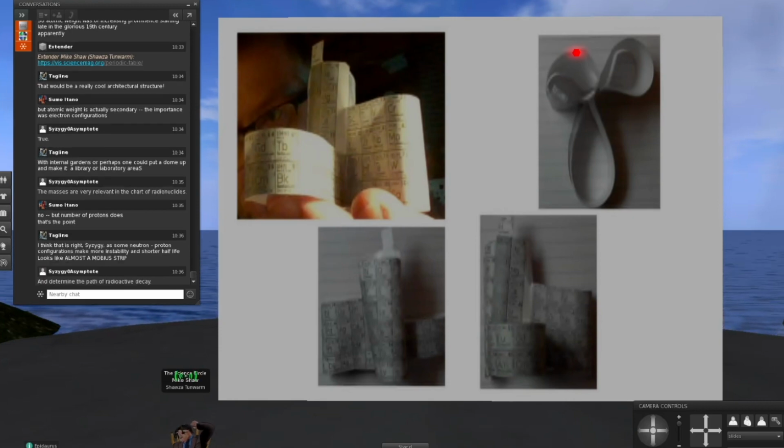Then there is a loop that corresponds to the D block, the transition metals, right? That's where we keep iron and gold and mercury and molybdenum and all of those. And then there's another loop down here where those are the lanthanides and actinides. It looks almost like a Mobius strip.